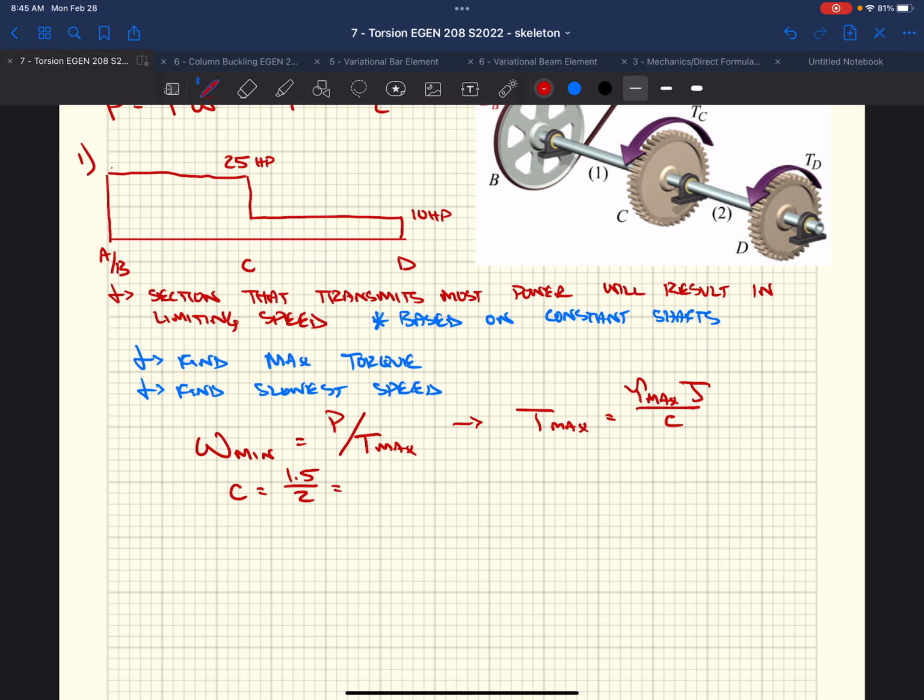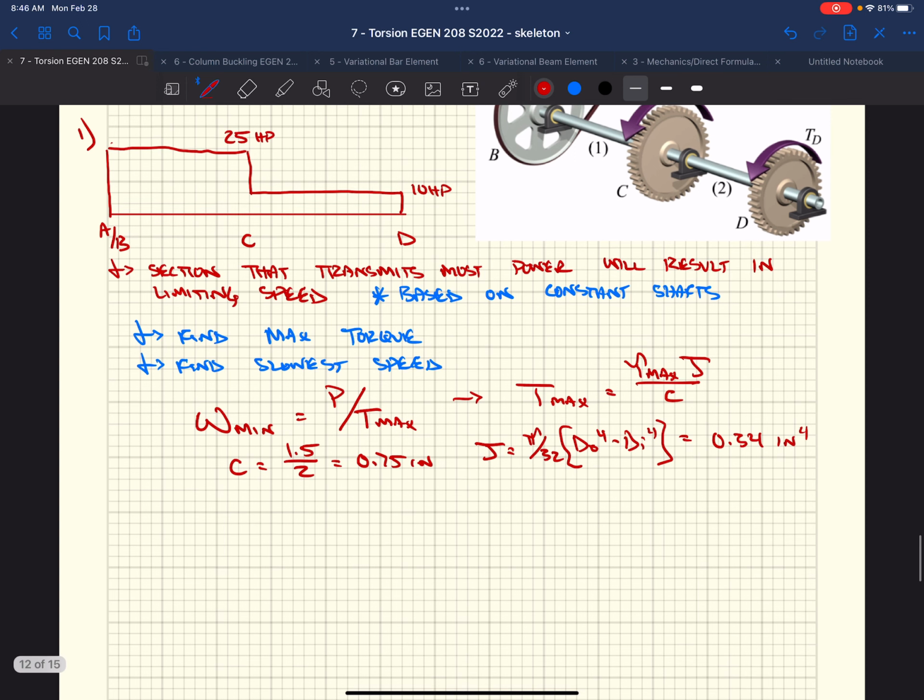I'm going to divide that by 2 to get our radius, 0.75 inches. J, because it's a pipe, is pi over 32 times outside diameter to the fourth minus the inside diameter to the fourth. We do all of that, we get 0.34 inches to the fourth, okay?